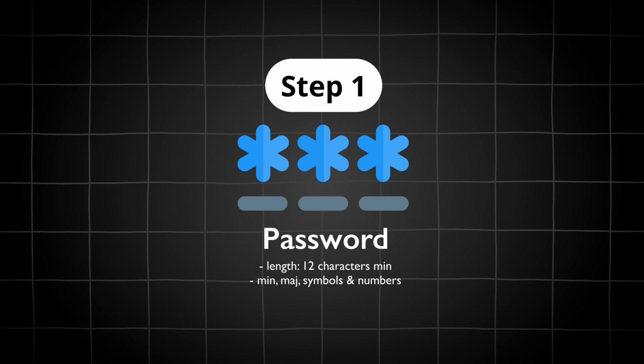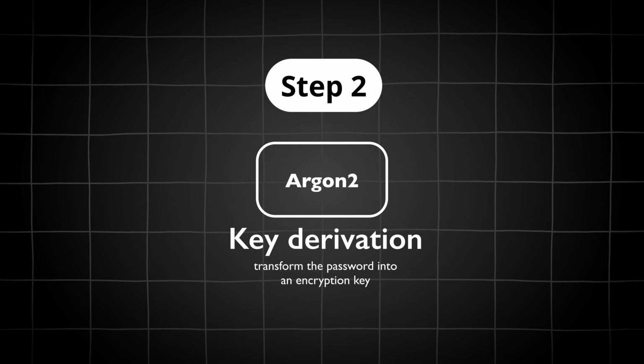First step, you enter a password. The password must be a bit complex, so it's less easy for attackers to decrypt your data in case of a leak. Step 2, you take this password and you derive an encryption key with Argon2, which is an algorithm to take a string and derive a key that can be used to encrypt and decrypt data.